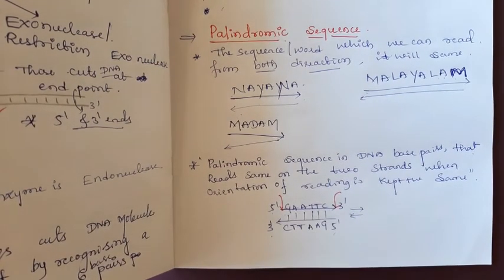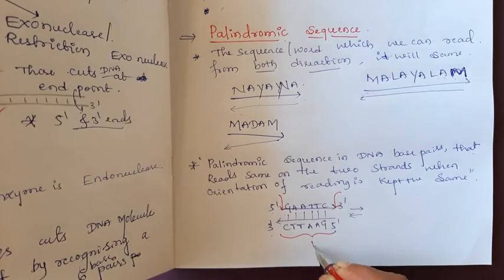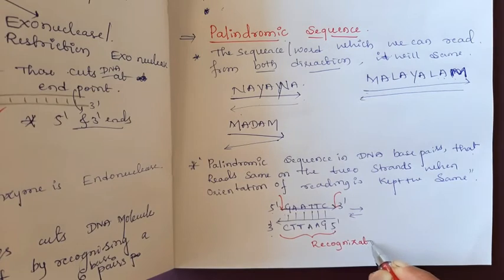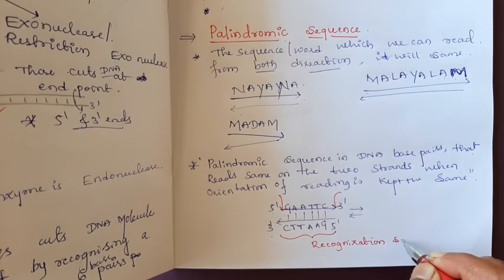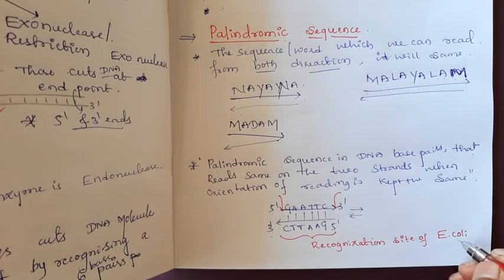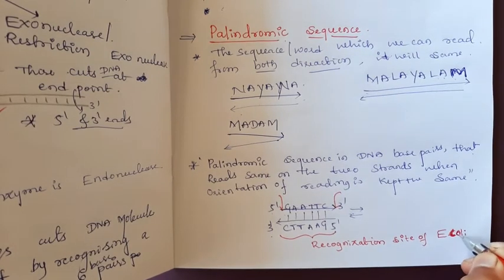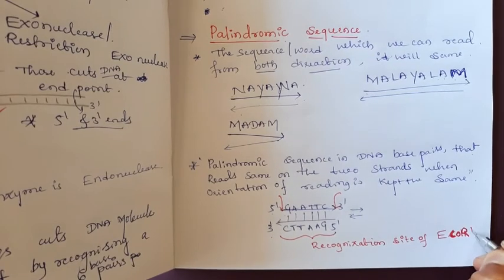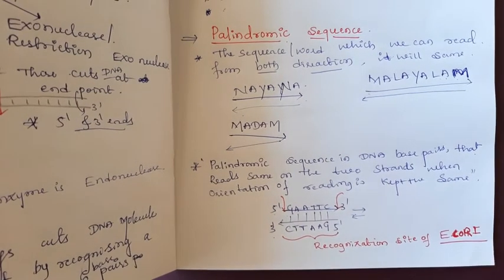The GAATTC is a specific recognition site of E. coli bacteria. Here I will write: it is a specific recognition site of the EcoR1 restriction enzyme.